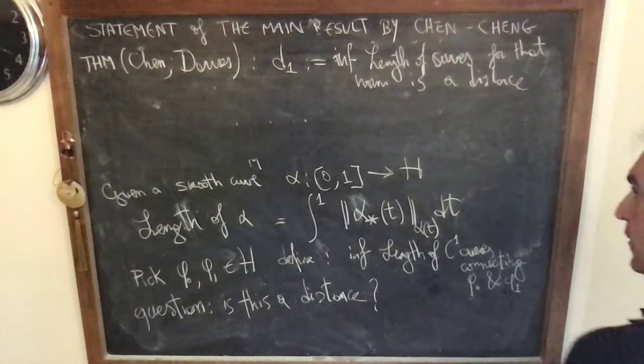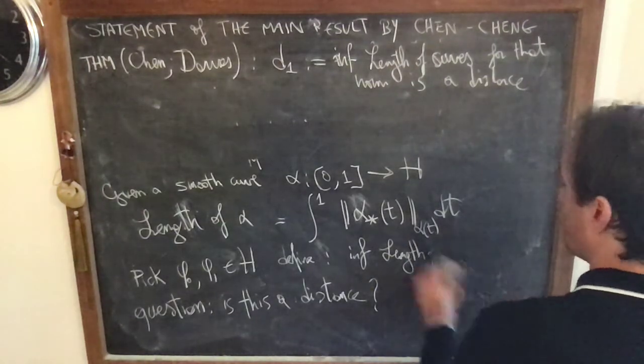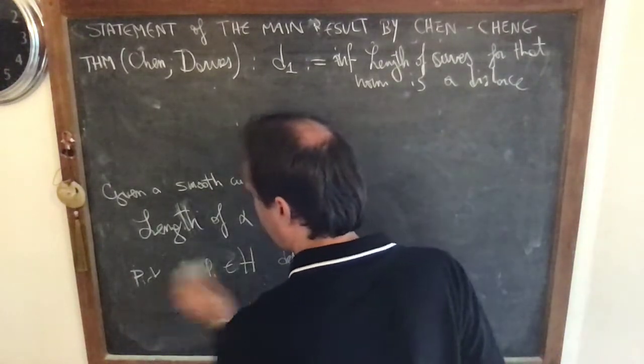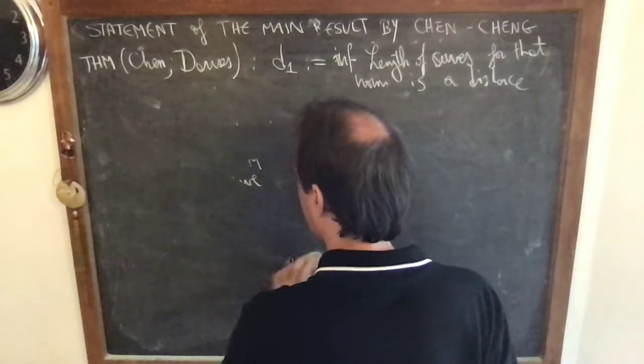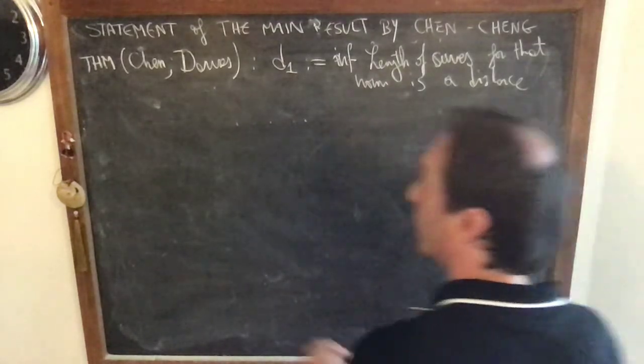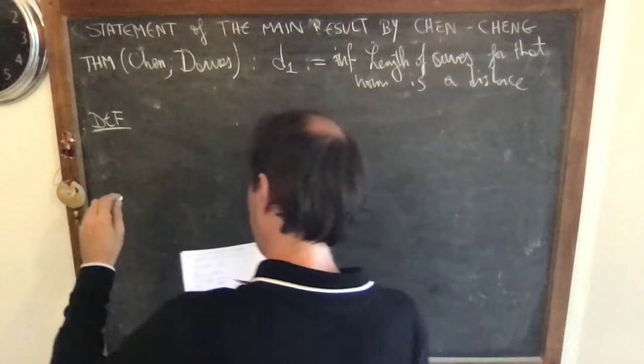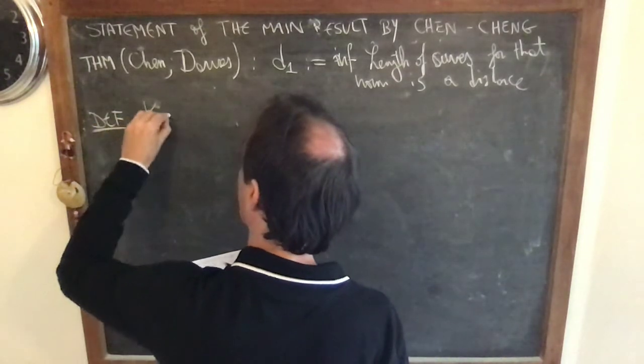Okay, since we introduced the tangent space to the Kähler class, we can also recall the definition of the K-energy functional.